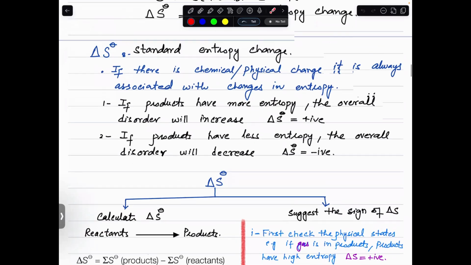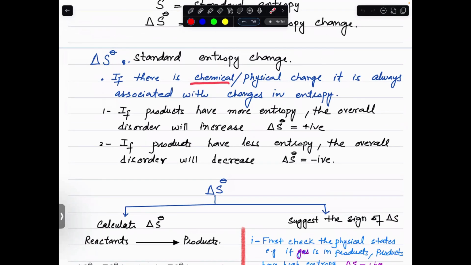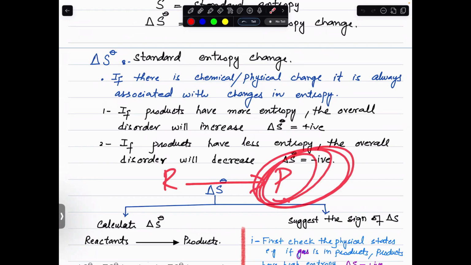Now, listen. If there is a physical or a chemical change, it is always associated with changes in entropy. If the products have more disorder, the overall disorder will increase.